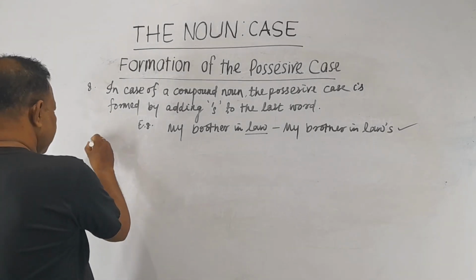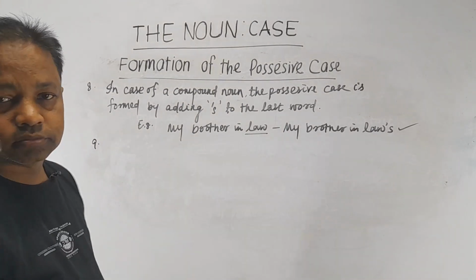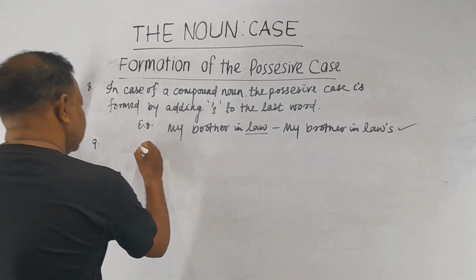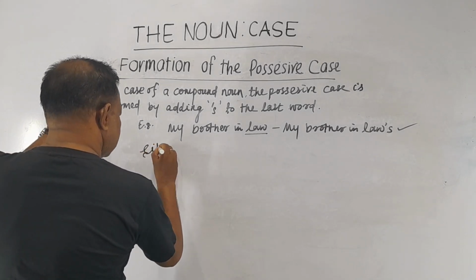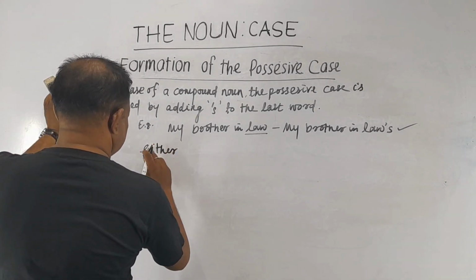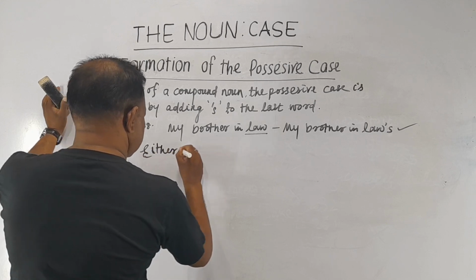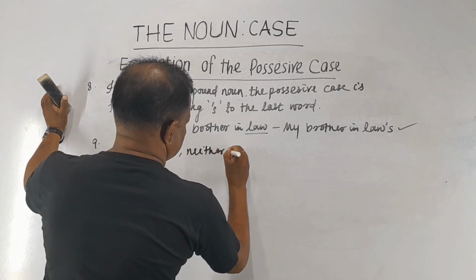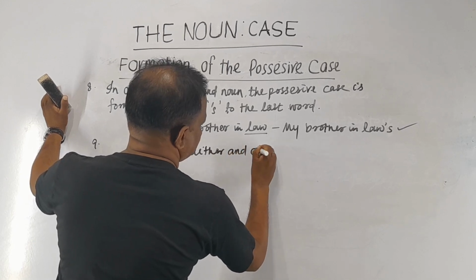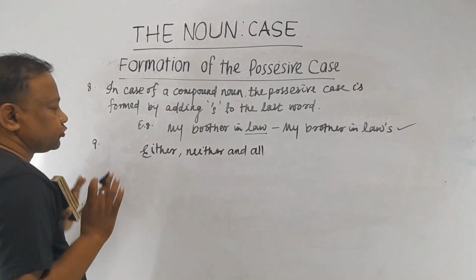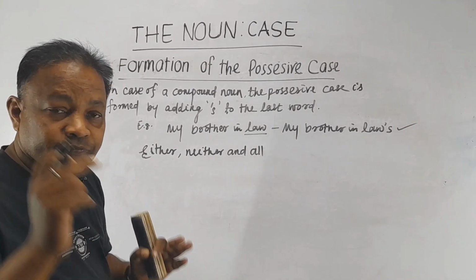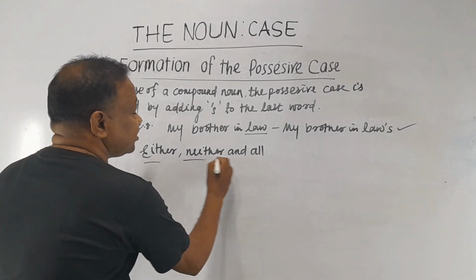Okay. Rule number 9. Let us know the possessive cases of either, neither, and all. So here you should not add apostrophe s to either or neither or all.